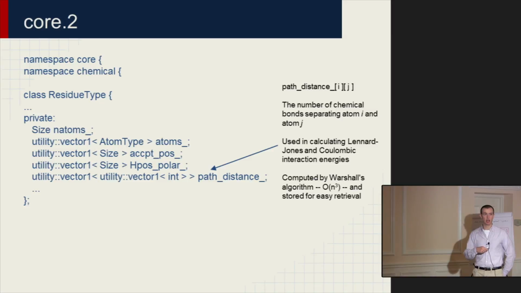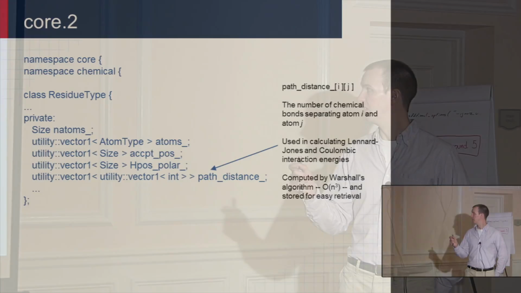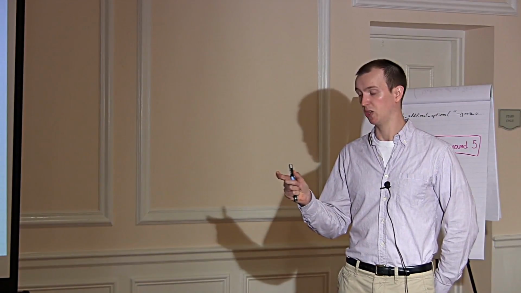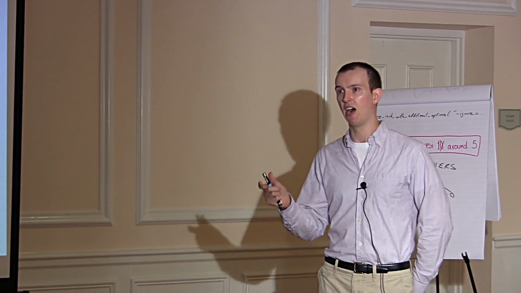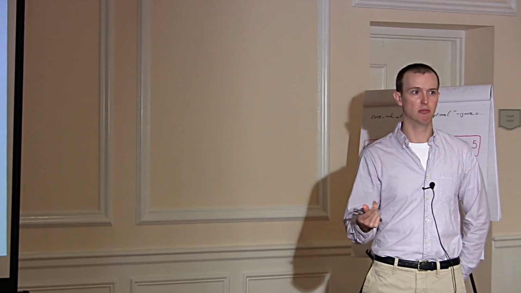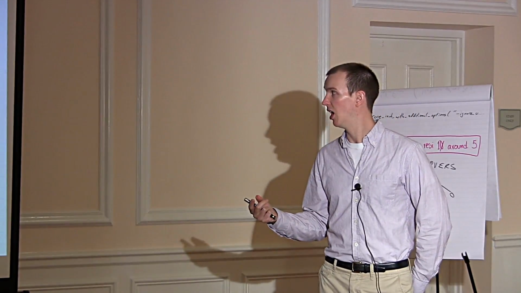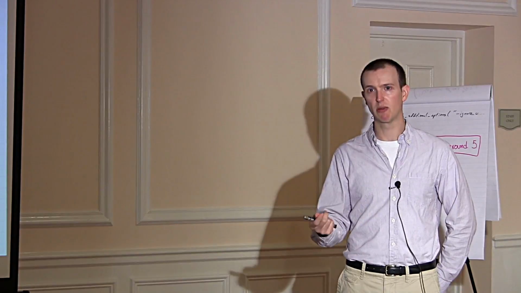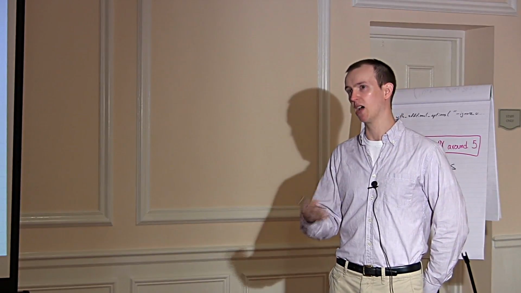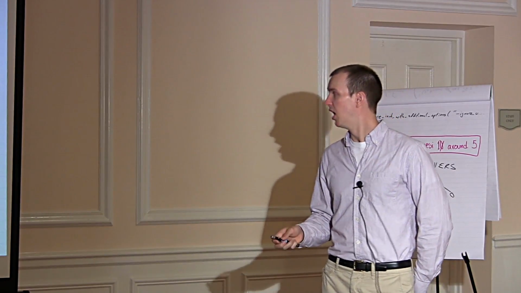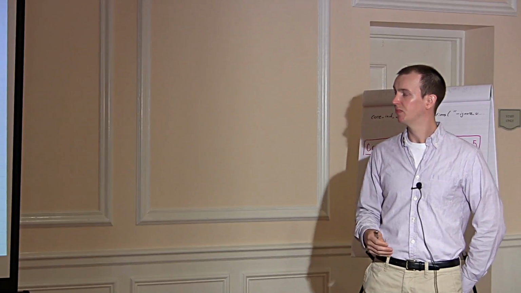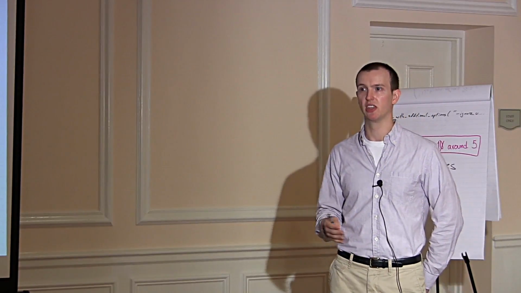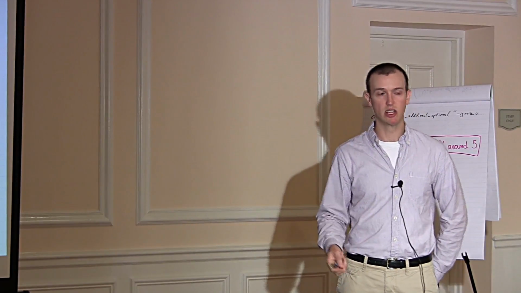This is used in calculating the Lennard-Jones and Coulombic interaction energies, because you skip the calculation if i and j are within 2 or 3 chemical bonds, and if they're 4 chemical bonds apart, then you downweight them by a certain amount. And if they're 5 or greater, then you calculate all the interaction energies.